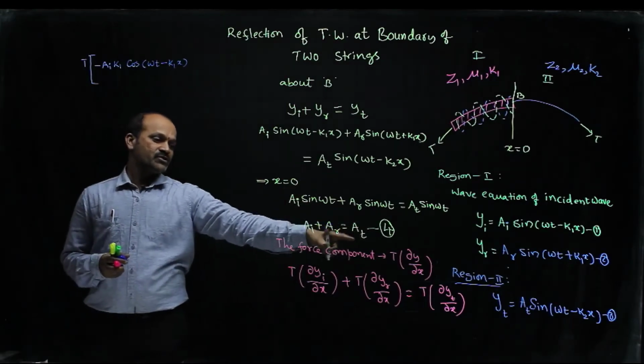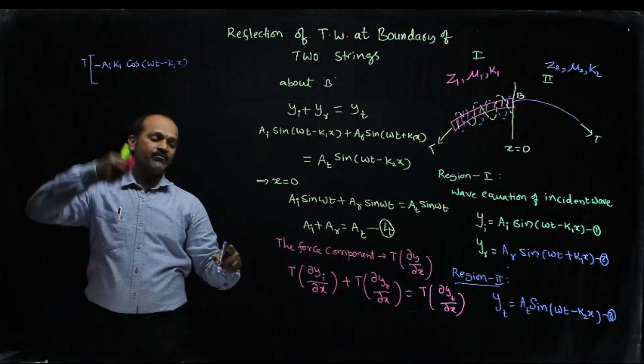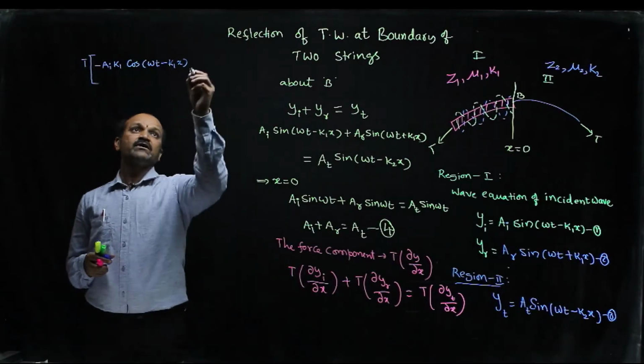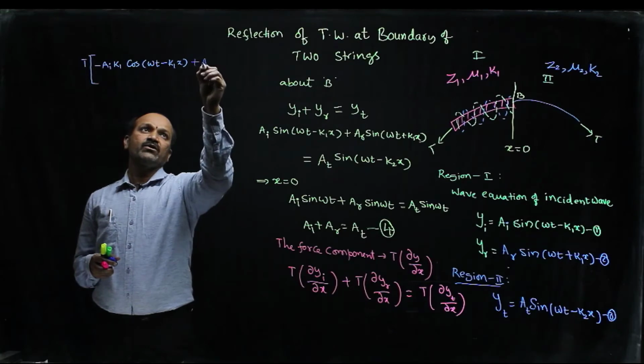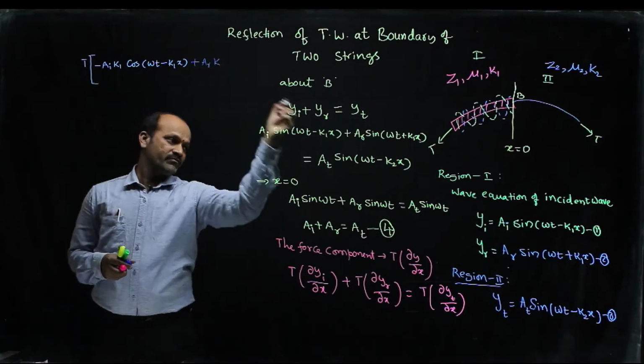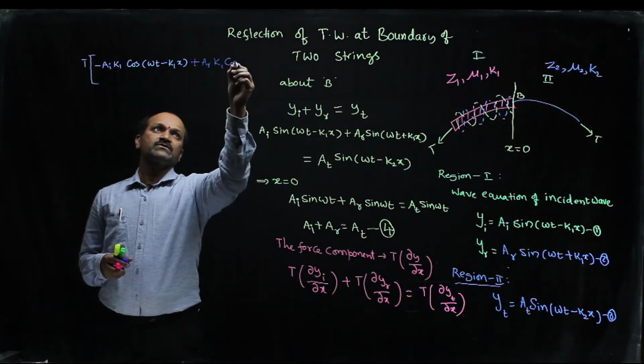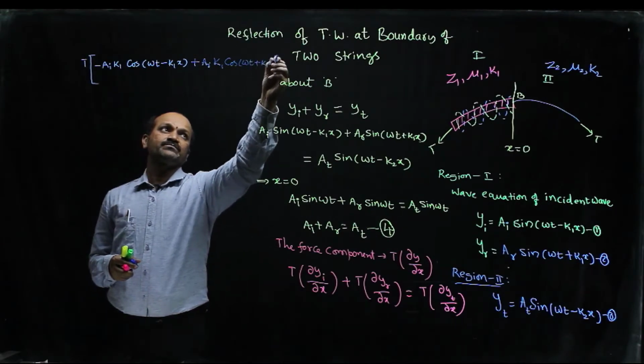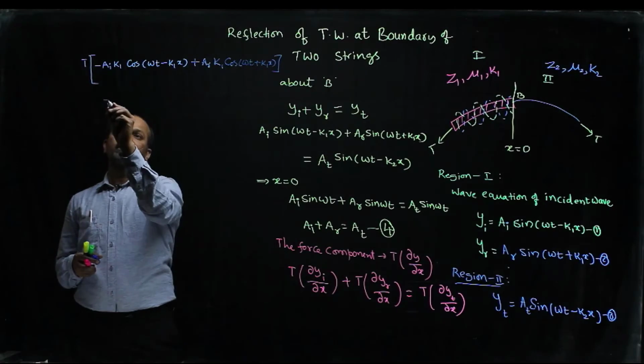Here I took T common. The differentiation of equation 2 with respect to x gives plus Ar k1 cos(omega t plus k1x), and this is equal to how much?